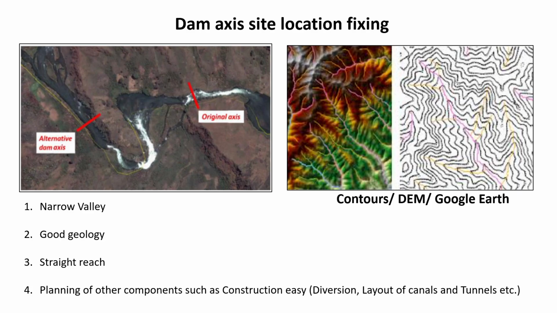Once we have water availability data, next is to select the dam site location. By this time, we know the river reach in which the dam has to be planned. However, we do not know the exact location of the dam axis. For this we have to consider more than 2 dam axis locations to check the feasibility. We do not require any special studies for this.